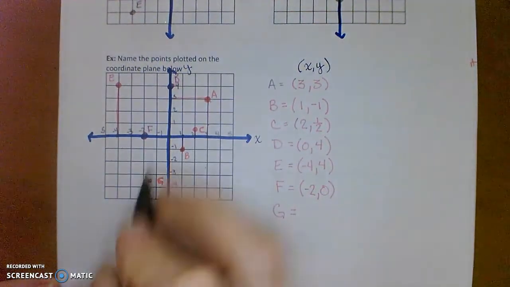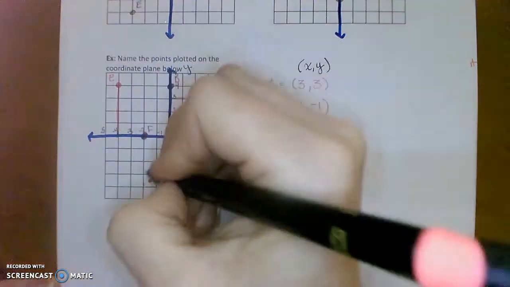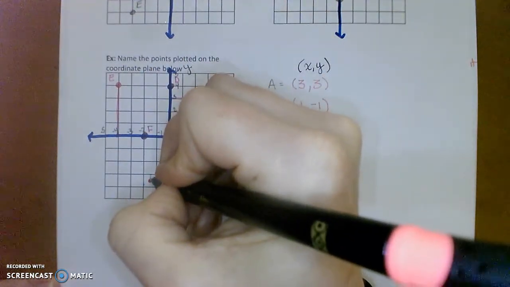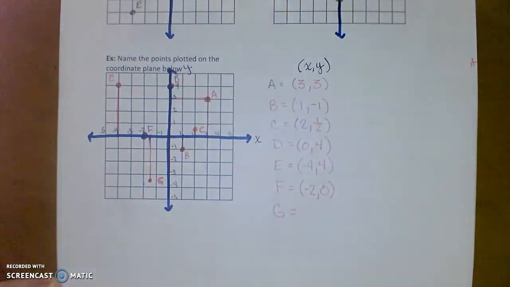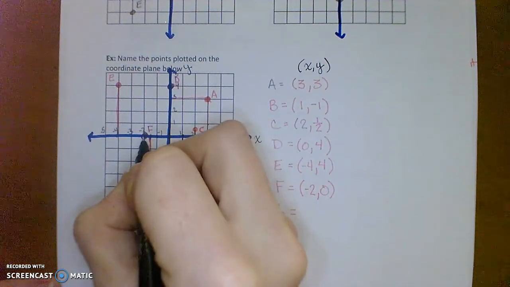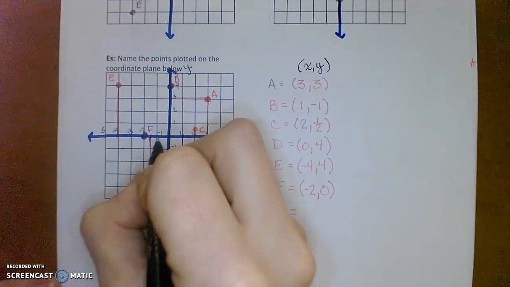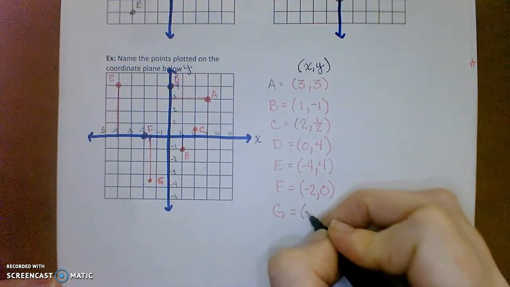And finally, G. G is in an interesting location too. Let's first locate the x-coordinate, and then we'll find the y-coordinate. So the x-coordinate is not 1 and not 2, it's halfway in between negative 1 and negative 2. I would call that negative 1.5.